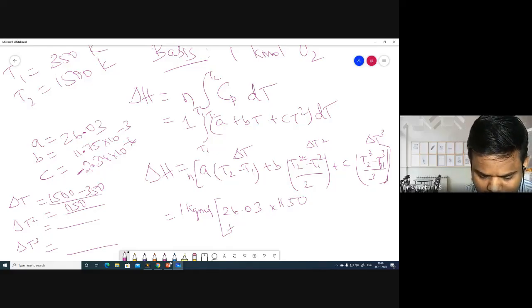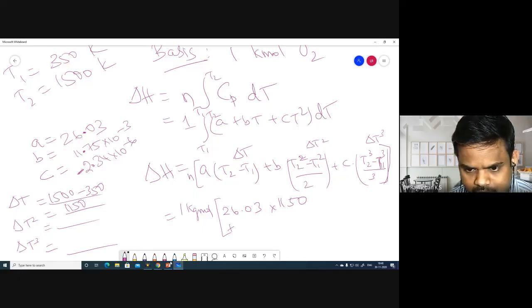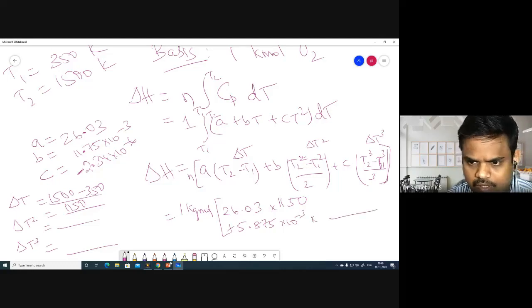Okay, 11.75 divided by 2 is 5.875 into 10 power minus 3, into what is delta T square? Delta T square you can determine, that is 1500 square minus 350 square.